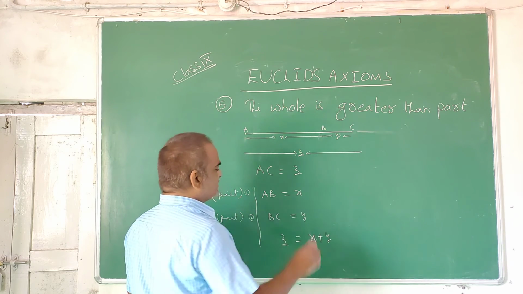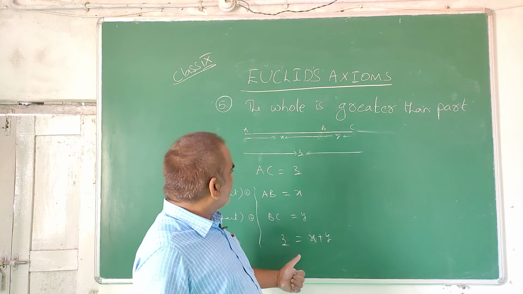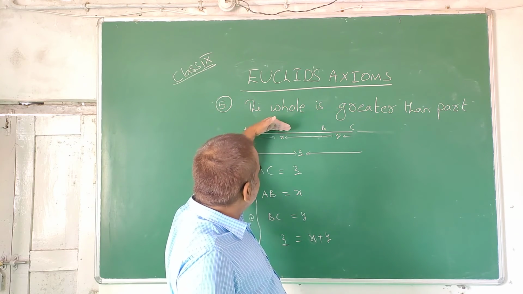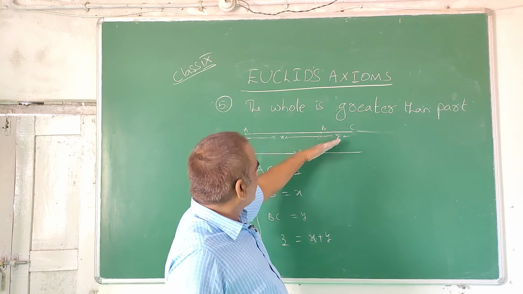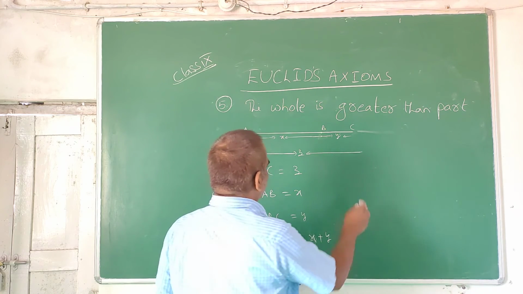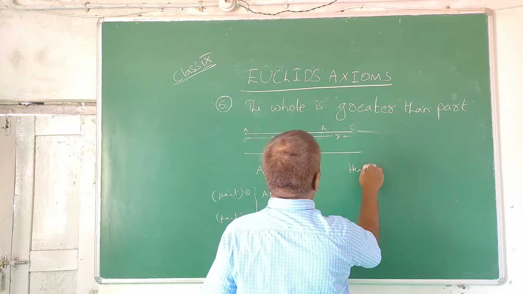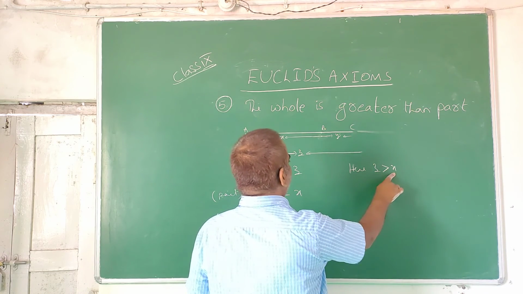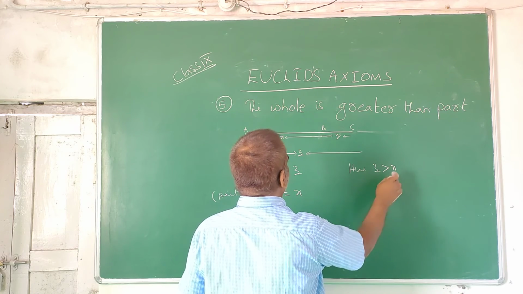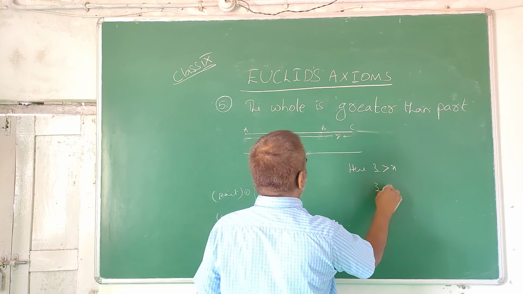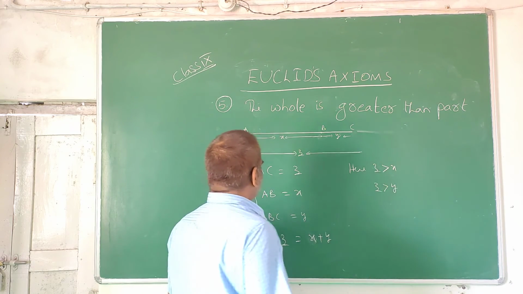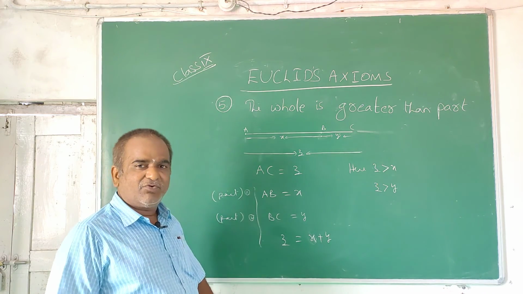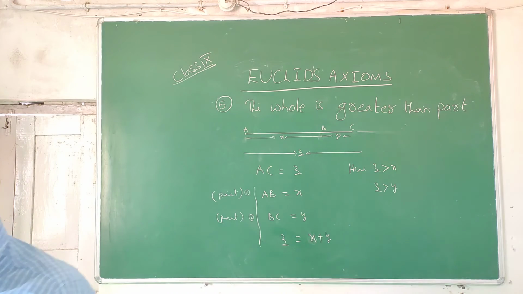So Z is equal to X plus Y. Obviously this Z will be more than each part, X and Y. Obviously Z will be more than X because it is a whole. Whole is greater than part. So Z is greater than X and Z is greater than Y. This is what we mean by the whole is greater than part. This is Euclid's fifth axiom.